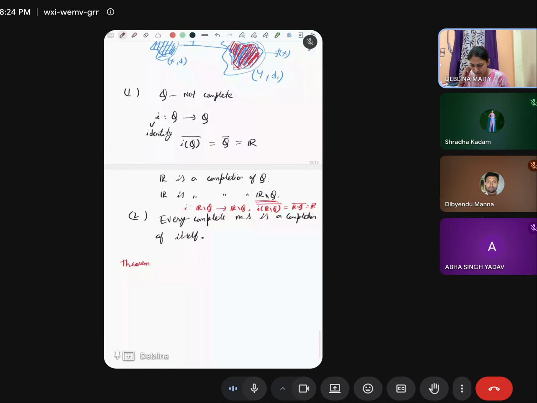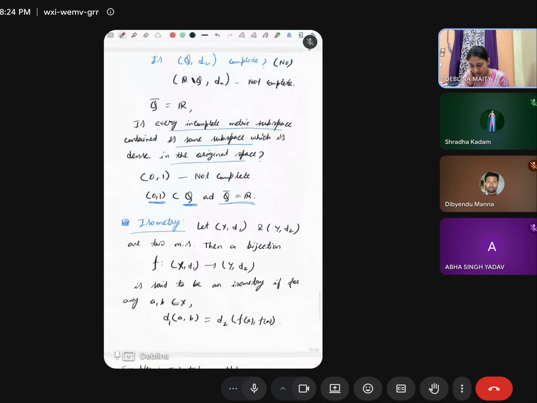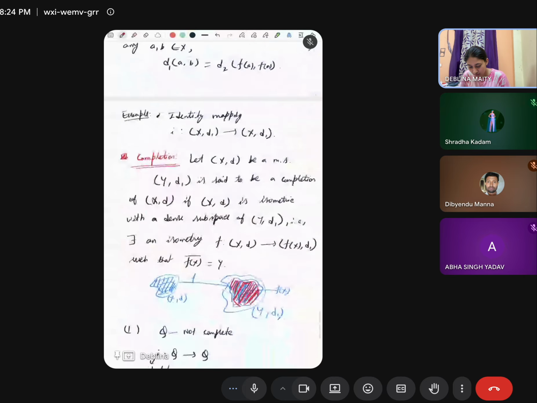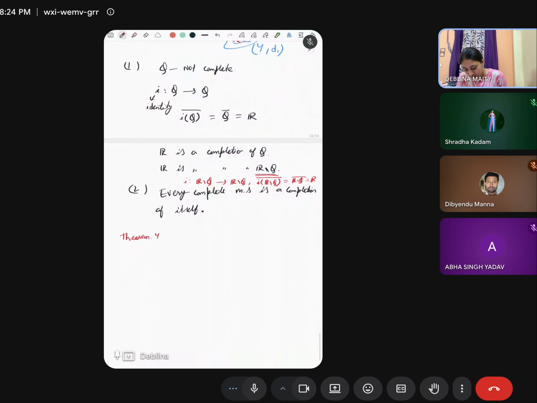Okay, so it may be theorem 4. These proofs are not easy for this completion, so you have to check the books for this.